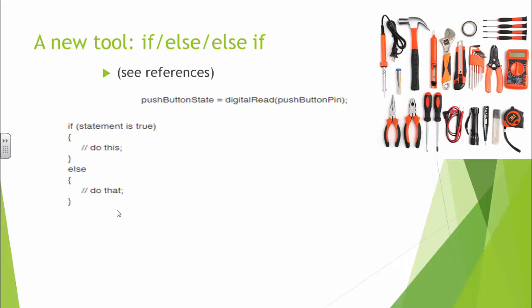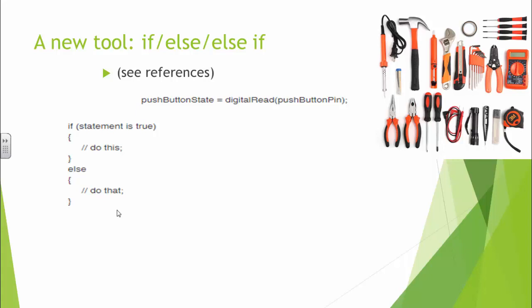But if statements check to see if something is true, and then they can execute a set of commands based on that statement. If the statement's not true, else can allow us to execute something else, to do something else based on it. And you can go ahead and read the documentation.